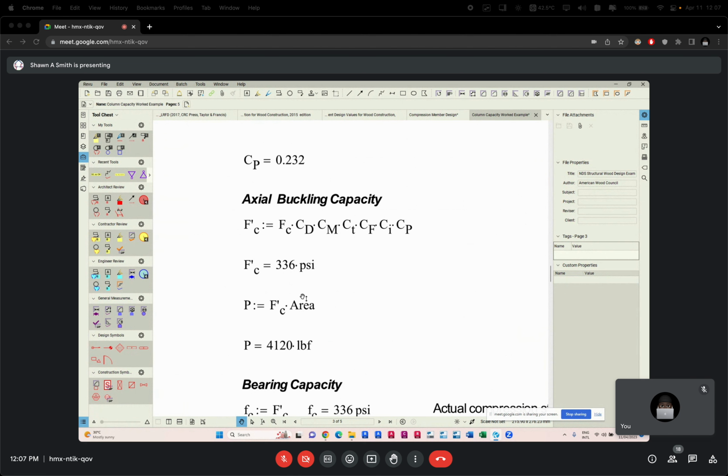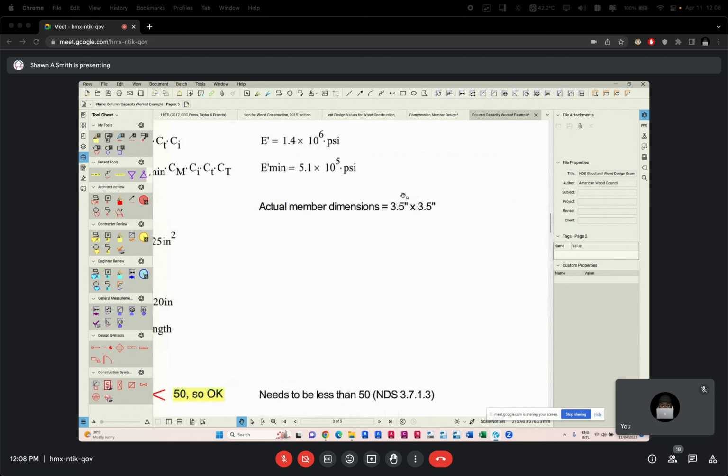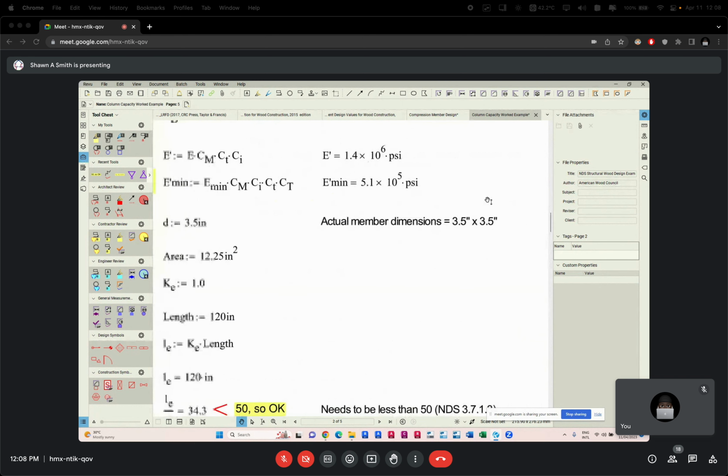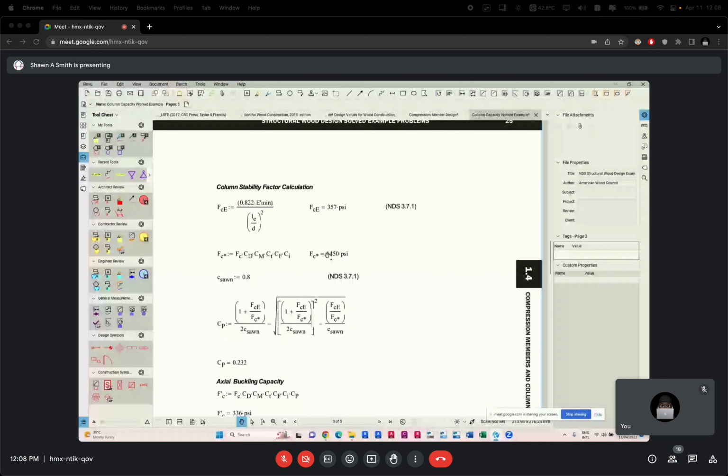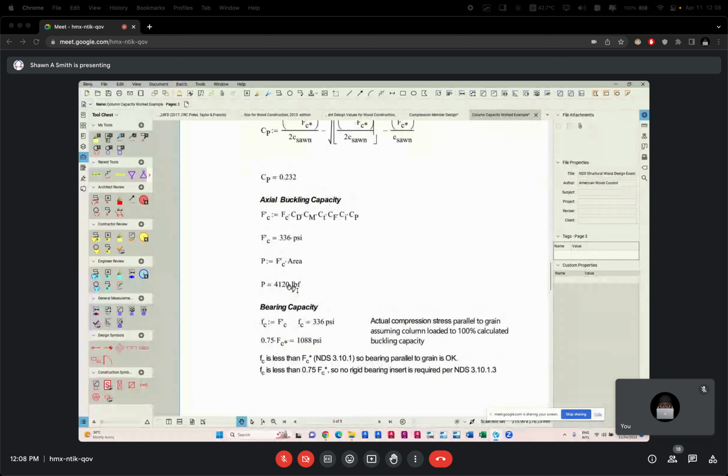Which is 3.5 by 3.5 from up above. The same 3.5 by 3.5 up here. This. And that will give us the load it can carry. That is 4,120 pounds.